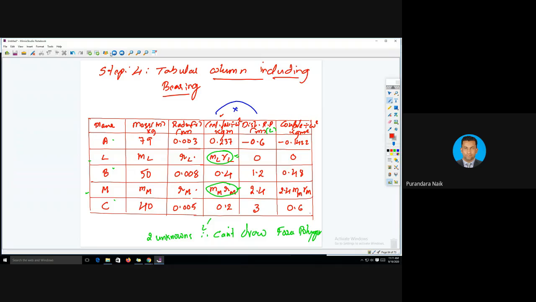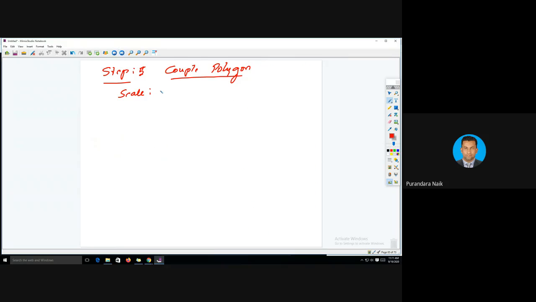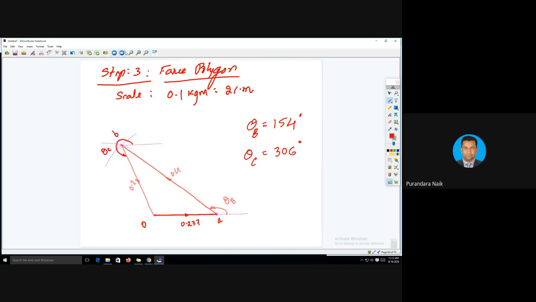Yeah. So I am going to consider the scale 0.1 kg meter square is equal to 1 centimeter. Here we have the very first point, which is the starting point.